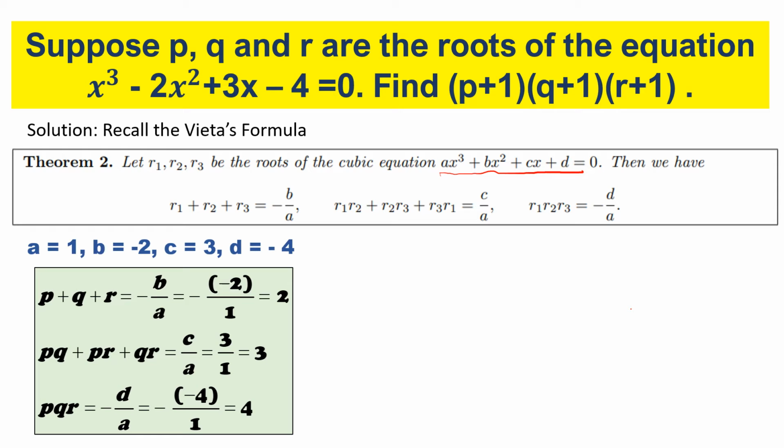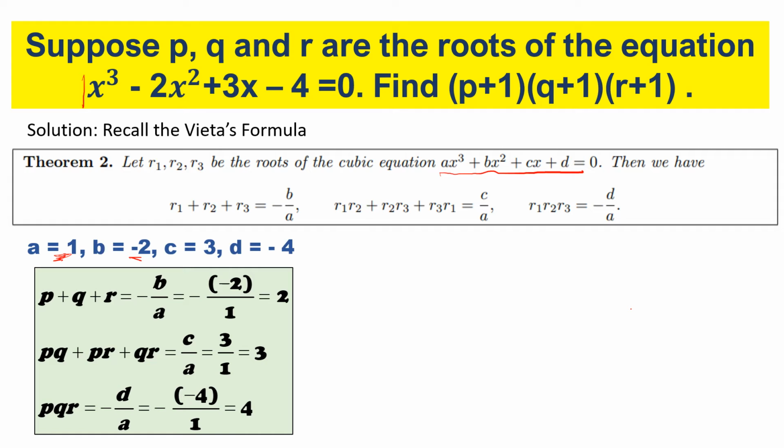But first, we're going to identify the values of a, b, c, and d. In this given, the value of a is 1, the value of b is negative 2, the value of c is 3, and the value of d is negative 4.